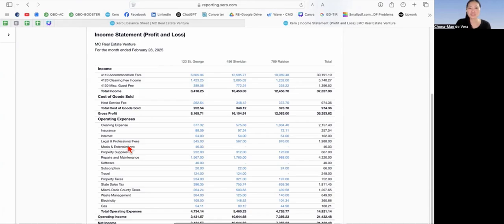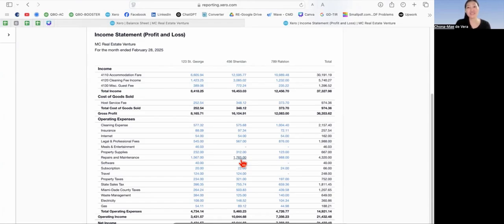For the legal and professional fees, we incurred this during the buying of the properties. And for the meals, it's just $46.03, just like what we finalized in our past meeting. Okay, for the supplies, it's there. And the repairs, there are some few repairs that we made with the properties, but it's not considered something so major, so we cannot categorize it in the balance sheet.